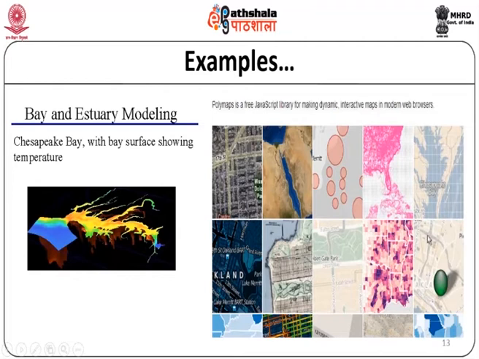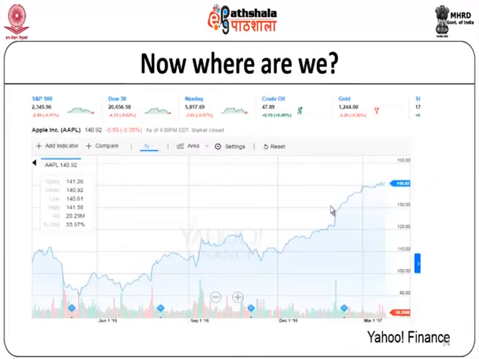Then the same bay has been represented using a polymap, supported by means of JavaScript. Here also you can find different types of information being conveyed in different parts of these charts. All these examples will help you understand to what extent graphical or pictorial representation of data conveys more information to the user.